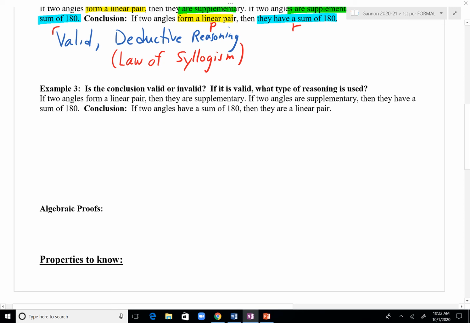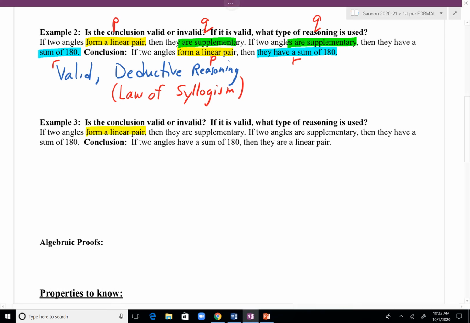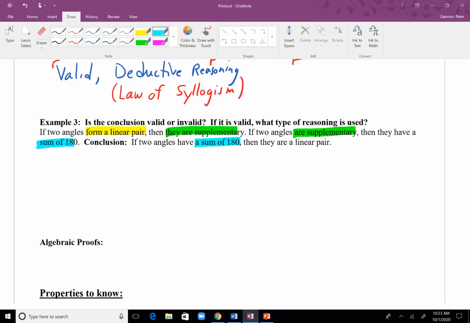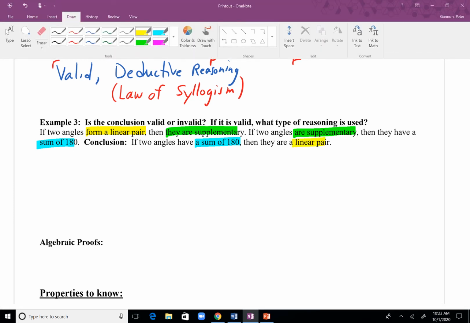In this case, it's very similar to the previous example, except if we look at this statement right here as being our P, this statement as our Q, and this statement as our R. This says if R, then P basically, which does not follow the law of syllogism.